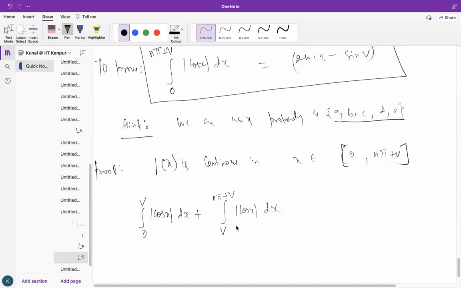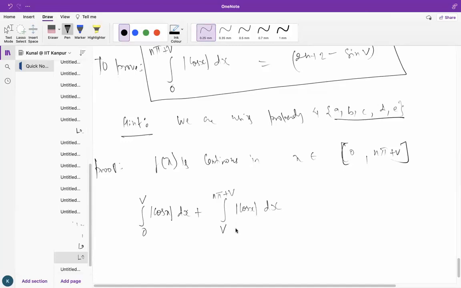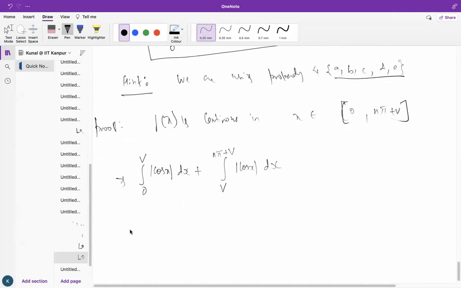Let me rewrite here so you can understand what I'm trying to say. Again, break it into parts: integrating from 0 to pi by 2 mod of cos x dx plus pi by 2 to v mod of cos x dx plus v to n pi plus v. We can do this because our function is continuous.